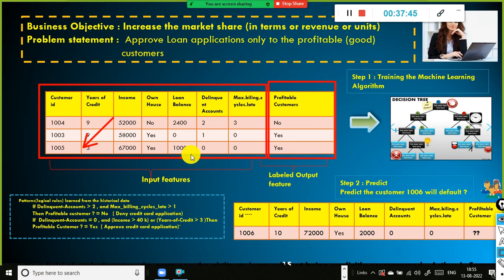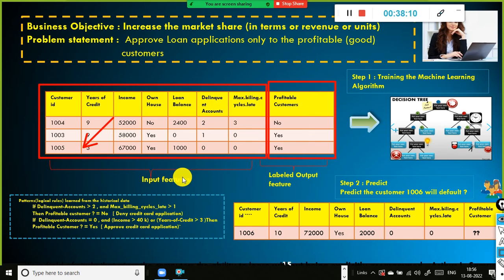His loan balance is less. This guy has no loan balance. His salary is also reasonably good, and importantly, he's owning a house. He's owning vehicles. With this, we are going to determine, yes, this customer is a potential one. Let's say this is my historical data, based on the loans which were offered to existing customers in the past, we recorded all this information.